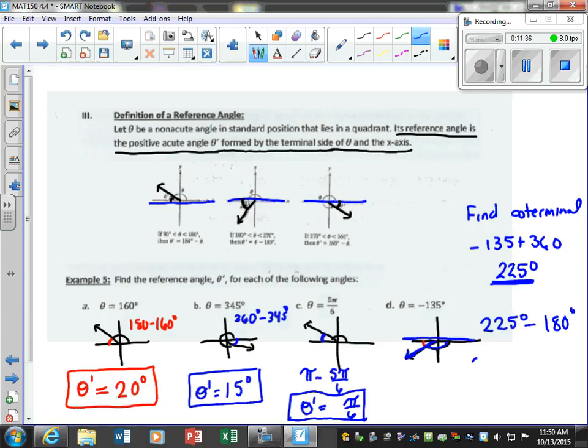Good. So now the theta prime, which is your reference angle, is going to be 45 degrees. Recall that oftentimes we will find a coterminal angle anytime we're given a chance to, and then find the reference angle. So we're going to do that some more. Let's practice some more of those.